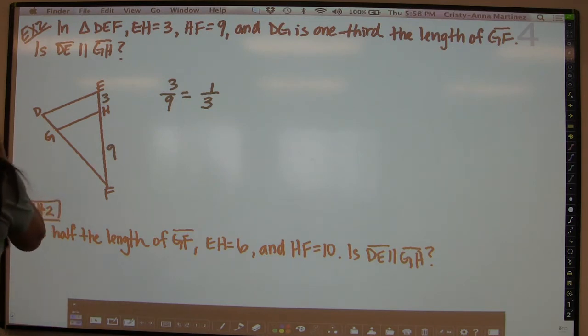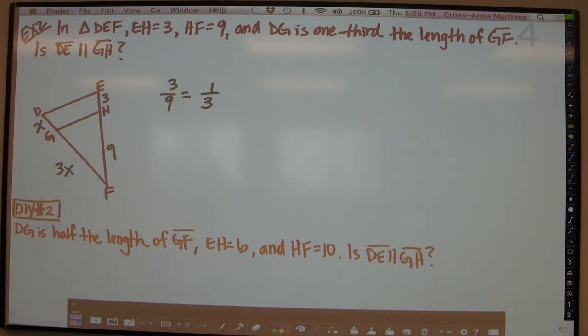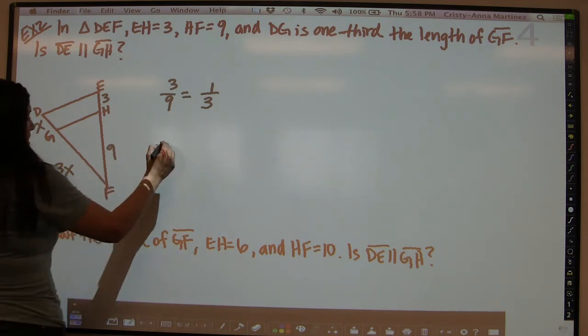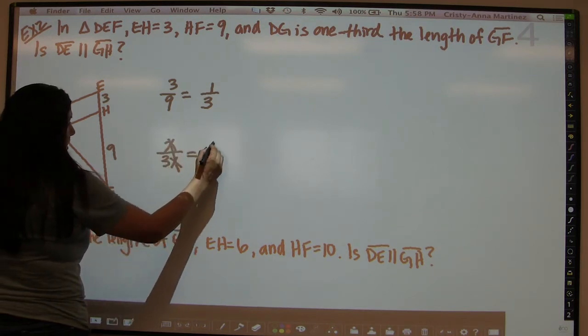So one way of looking at it is if you call DG x, then if DG is 1/3 the length of GF, it means that GF is 3 times x. That's basically what that means. And so if you were to set up the proportion of x to 3x, the x's would cancel and you would get 1/3.